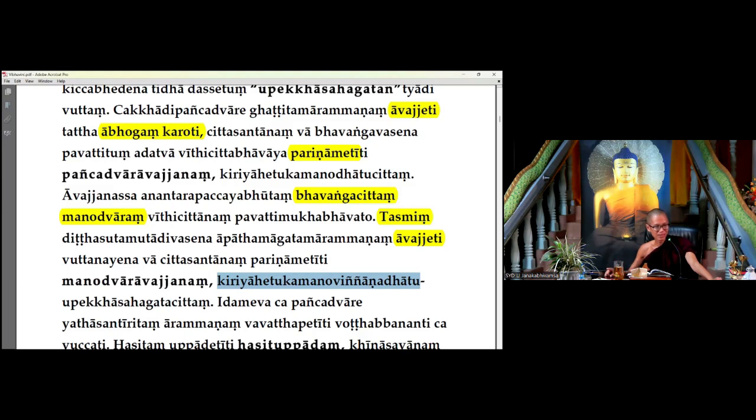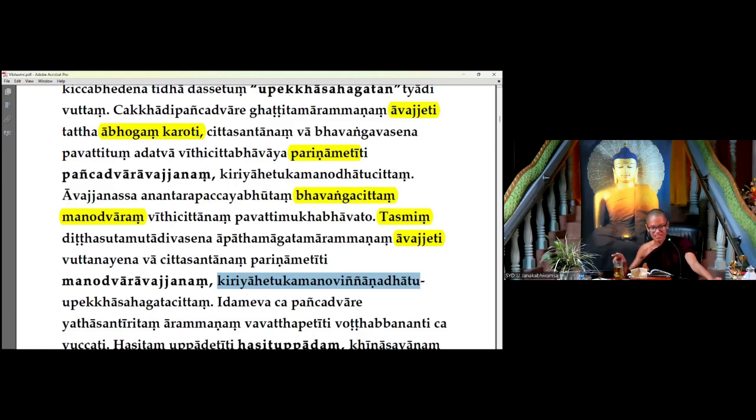Mano Vinyana dhatu means except Chaku, Soda, Kana, Jingwa, Kaya Vinyana dhatu and Mano dhatu, the others are Mano Vinyana dhatu. How many? Minus 13, 76. So Mano Vinyana dhatu originally is 76.